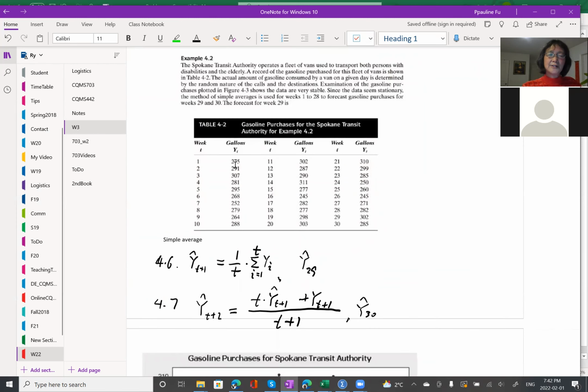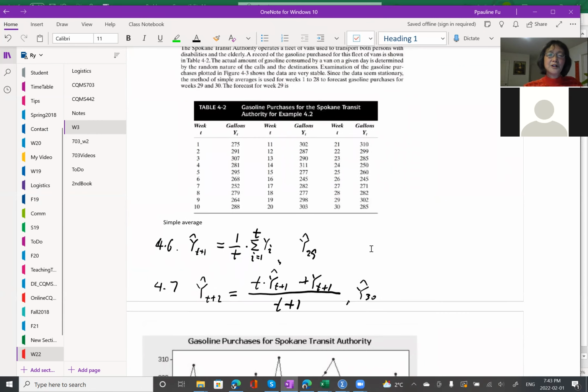This data is weekly data. What is the question here? The question asks you for forecasting for week 29 and week 30. It asks you to do the forecast using simple average.